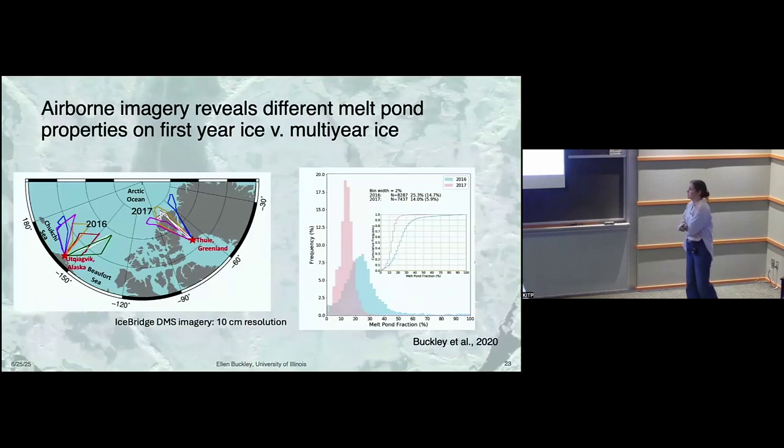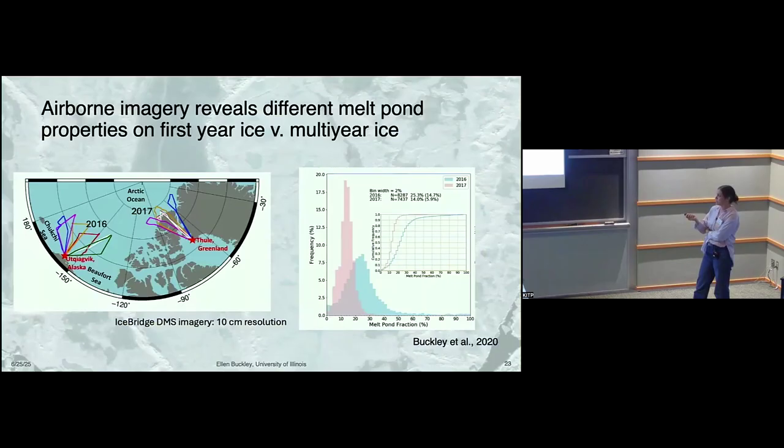So one of the projects that we did was we looked at 2 different IceBridge campaigns. So one based out of Thule, which is now Pituffik, in 2017, and then one from UIUC in 2016. And if you're familiar with Arctic sea ice, you know these are very different ice regimes.